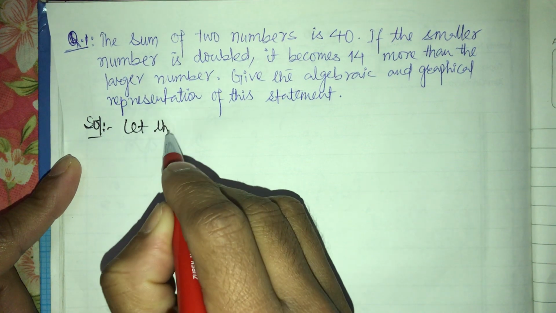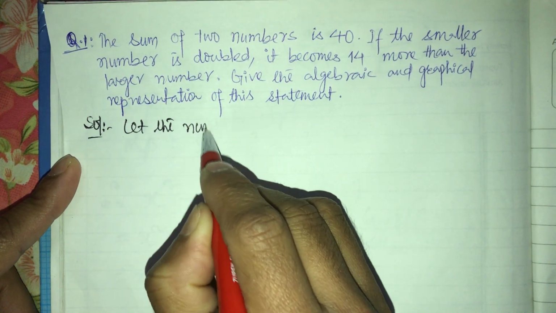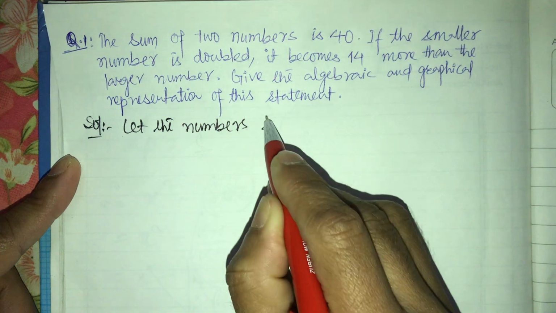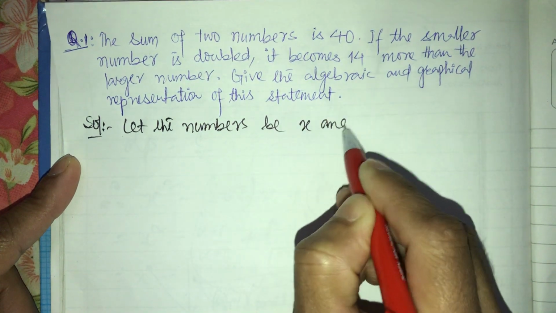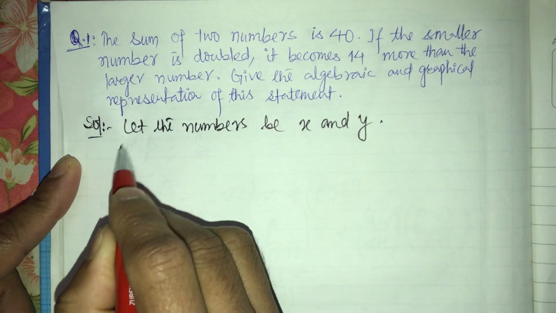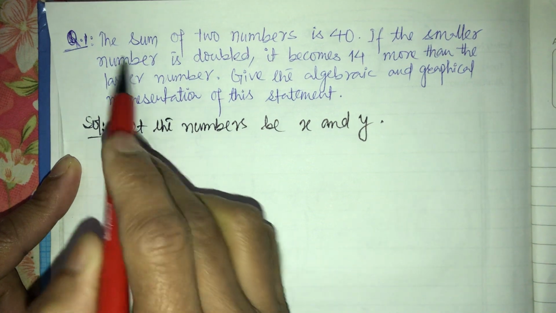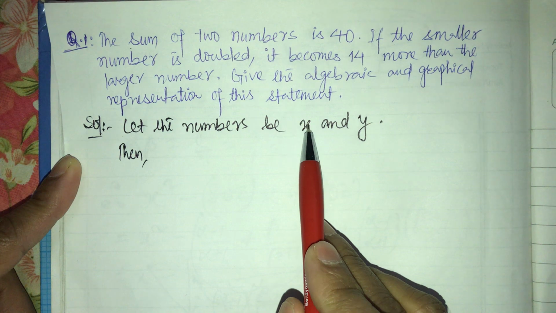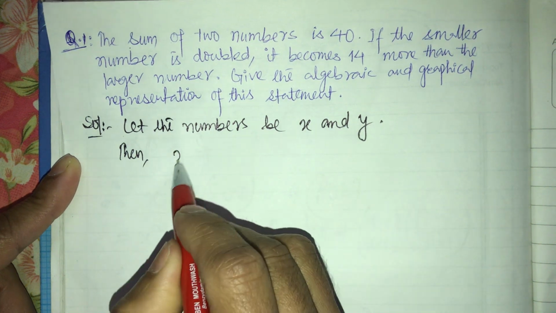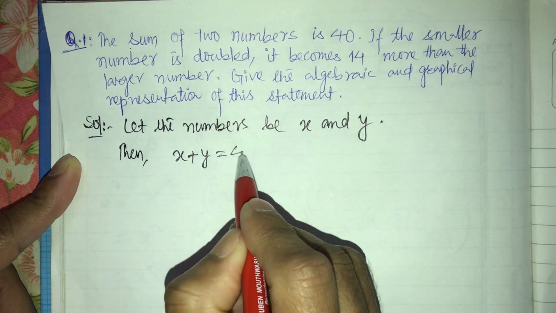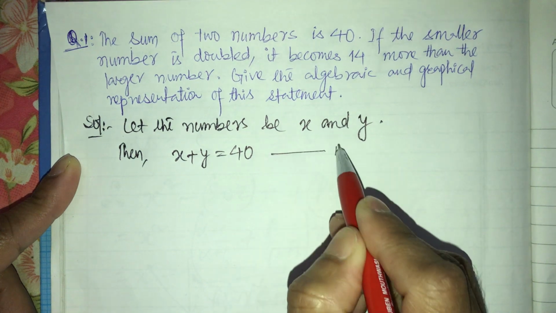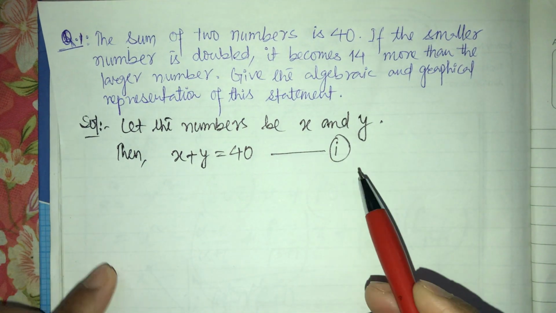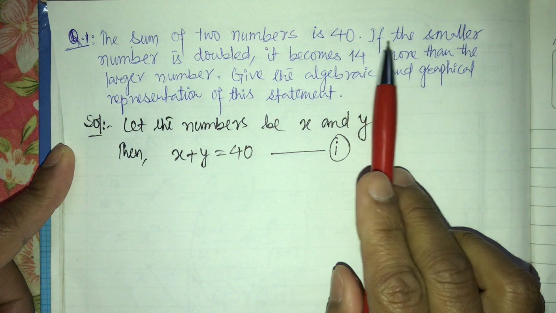Let the numbers be x and y. Then according to the first statement, the sum of the two numbers is 40. So when we add these two numbers, you must get 40. So x plus y is equal to 40. We got the first equation.